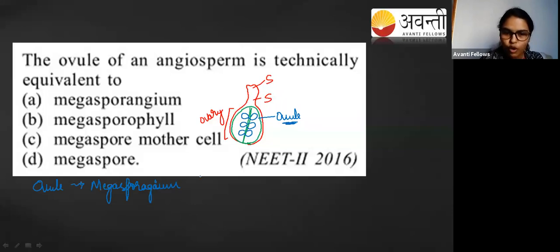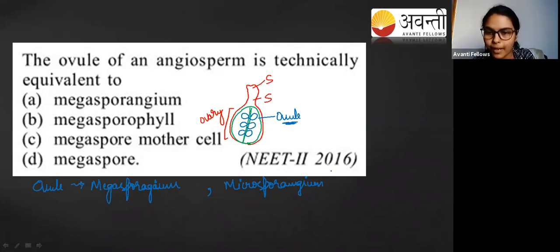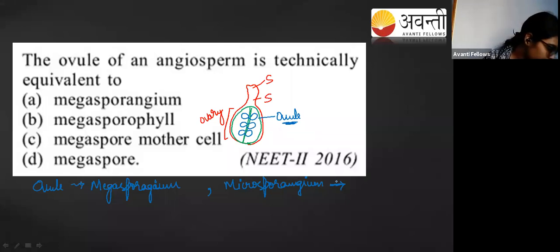Then what about male? Microsporangium is equivalent to what? I'm asking you. Tell me. Give me another name of microsporangium. No. Sachin, wrong.